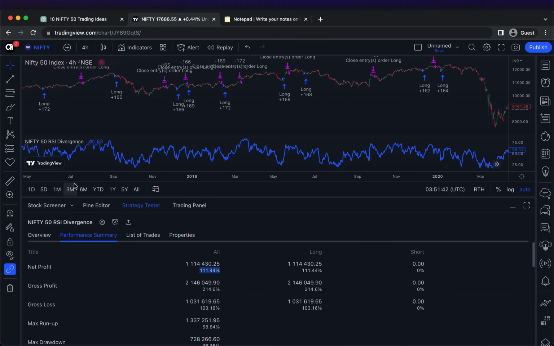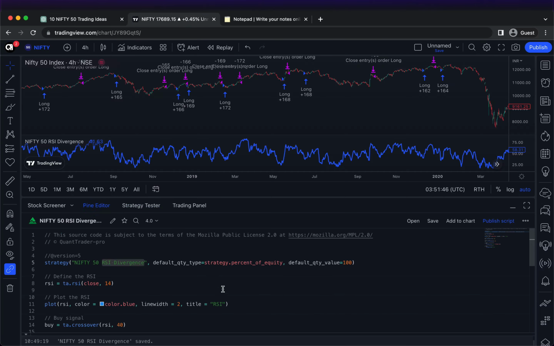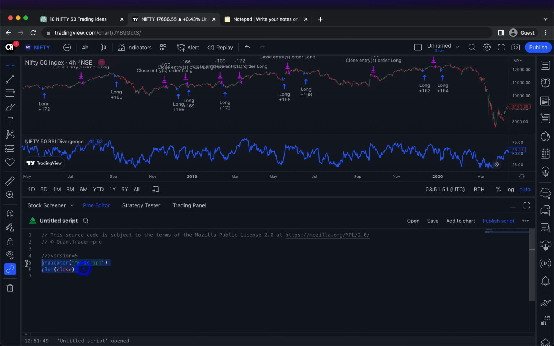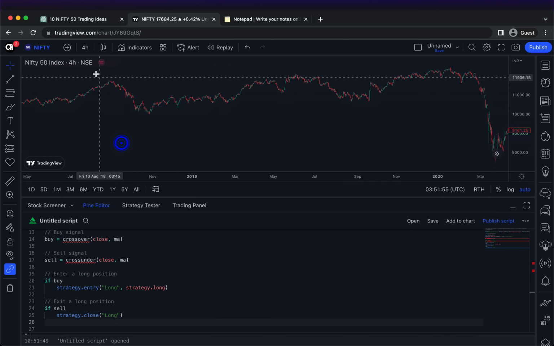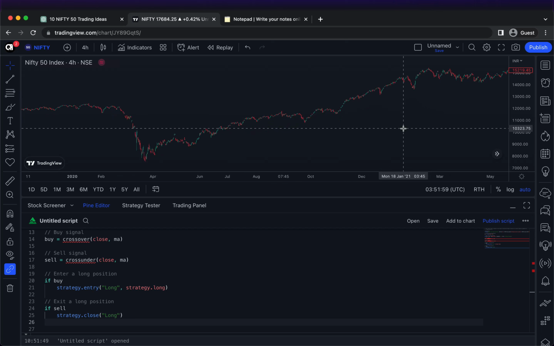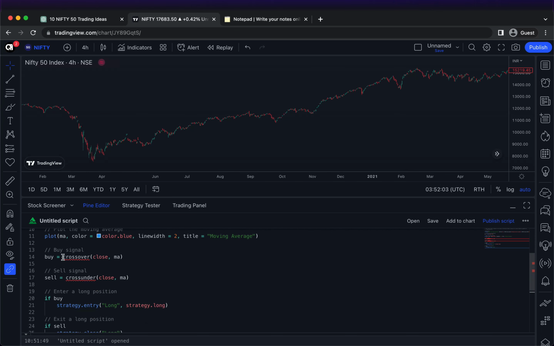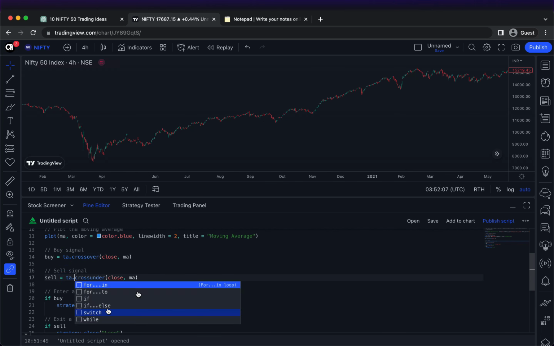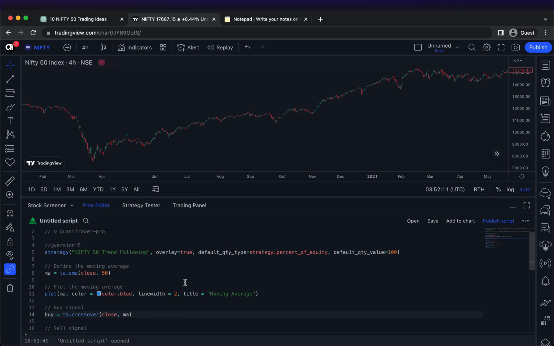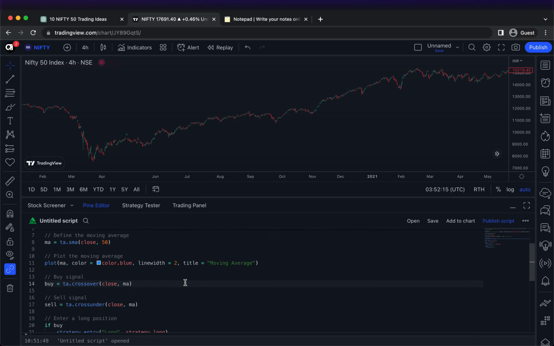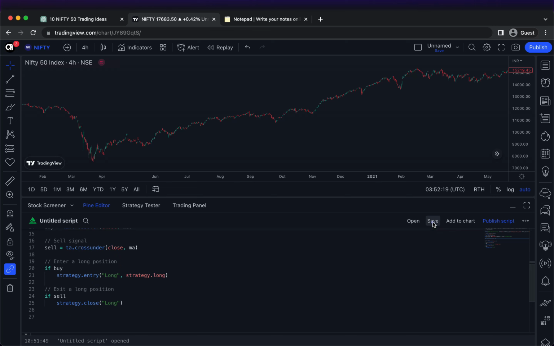When we're crossing under, then we're selling. So let's try. Let's create one more indicator. Let's copy paste, and we need to change again. Put ta library here. Should be okay. Now let's just save it and put it on the chart.